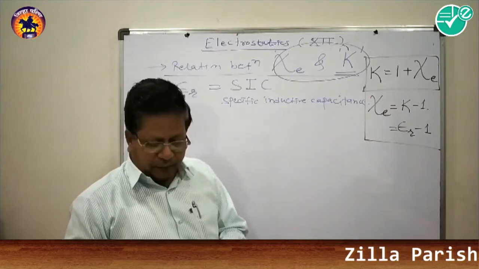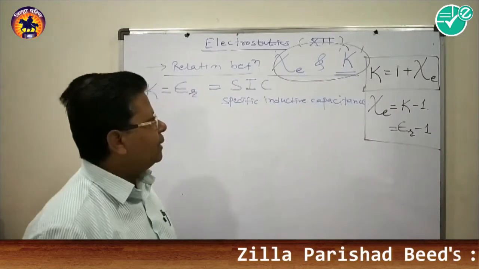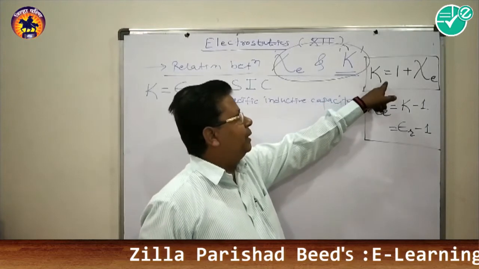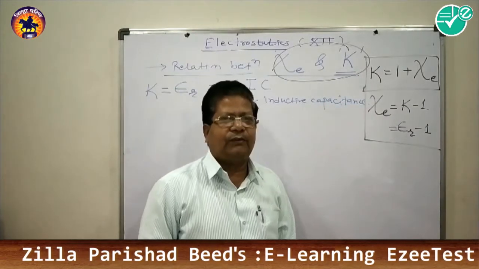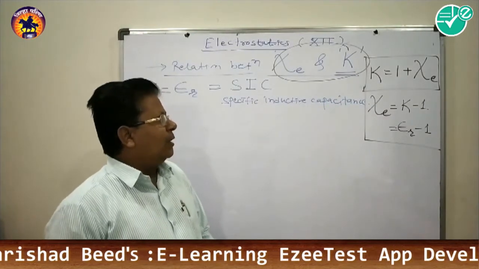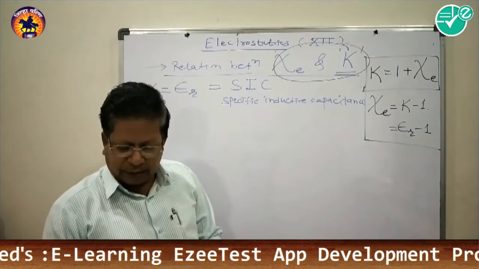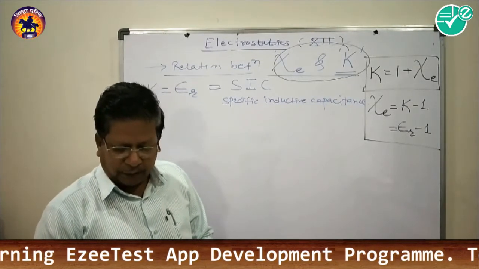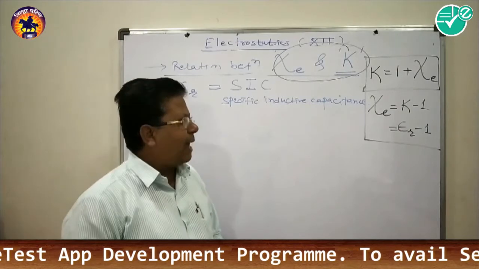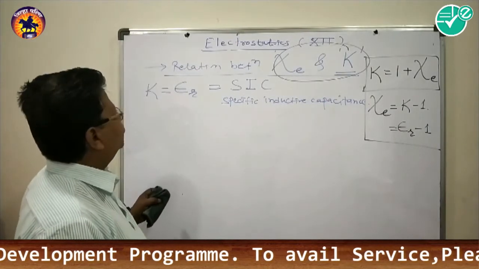So the relation between dielectric constant of the medium and electric susceptibility is K is equal to 1 plus Chi E, or Chi E is equal to K minus 1, which is equal to epsilon R minus 1.